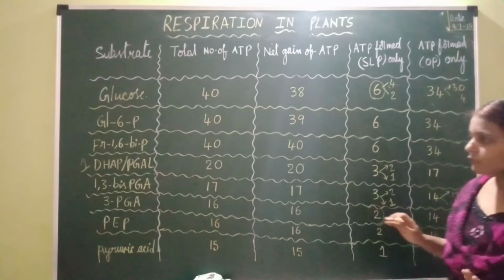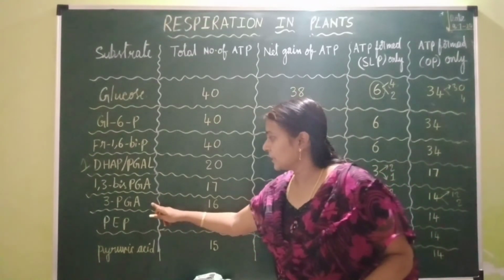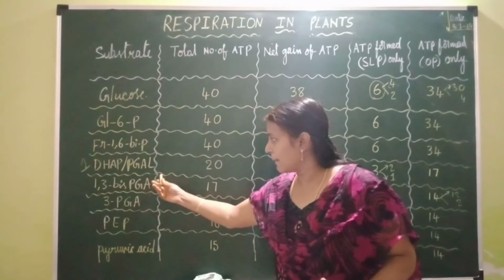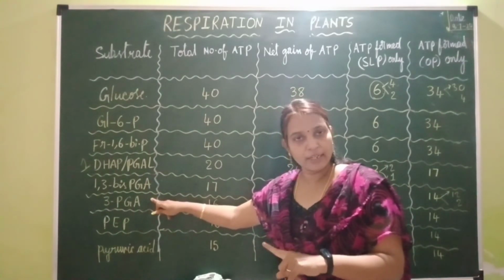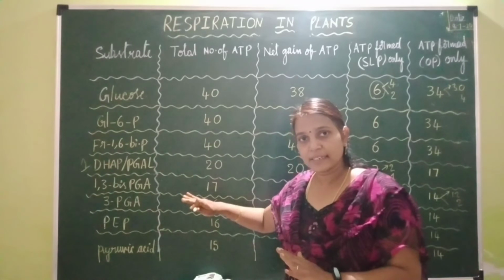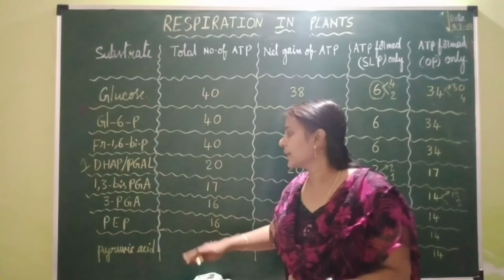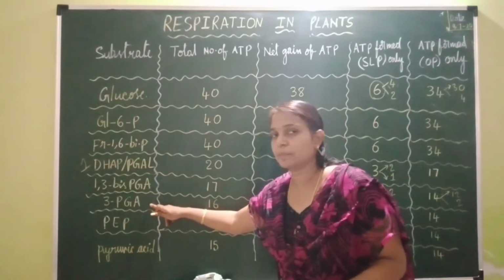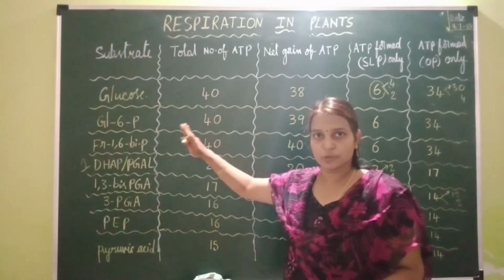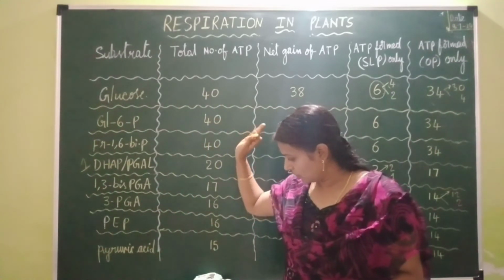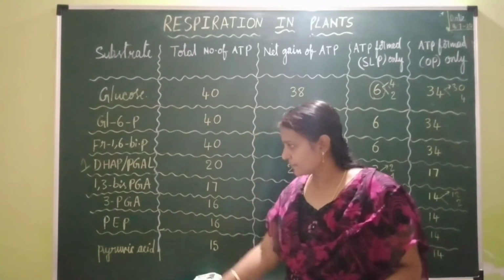Because during the formation of 3-phosphoglyceric acid from 1,3-bis phosphoglyceric acid, 1 ATP is formed during glycolysis. We should not consider that ATP, which is released before the formation of 3-PGA. We have to consider all the reactions which take place after 3-PGA.